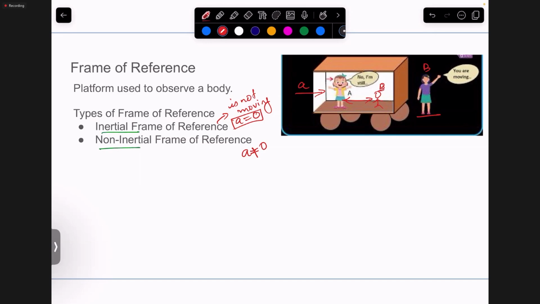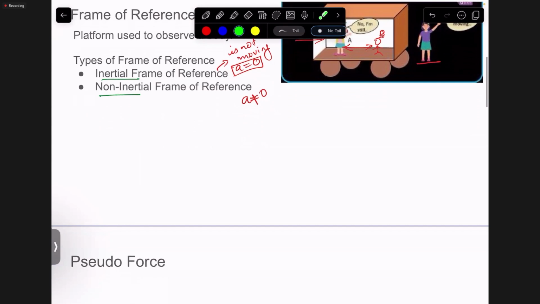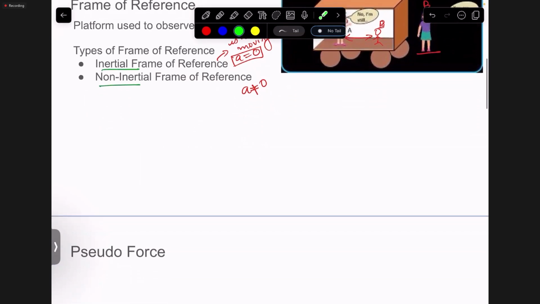But for this person B outside, what is happening is when he looks at this person A, she is moving towards the right with an acceleration of A. Okay, so this is something which we also observe in our day to day life, right?